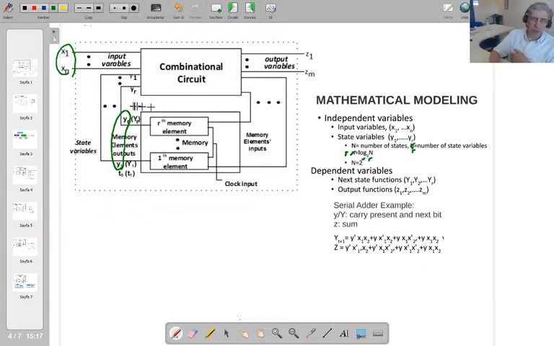I have shown these variables on this general format of the sequential circuits. What are the dependent variables? Let me show them in red color. That is the output of the sequential circuit. So we are considering the sequential circuit as this box.